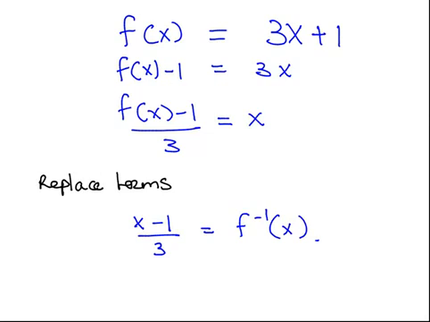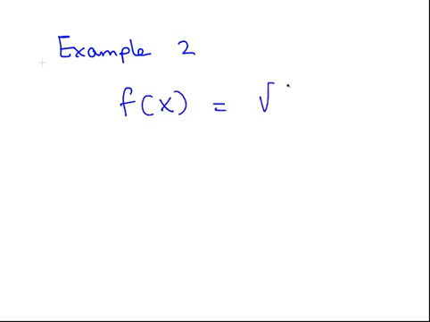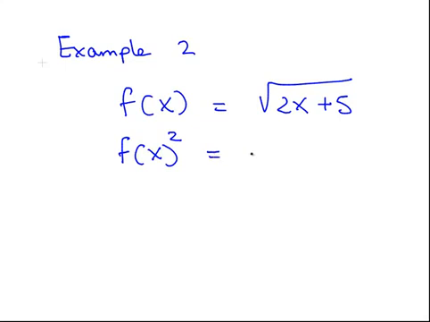Let's do another one here. Example 2. f of x equals square root of 2x plus 5. Let's square both sides. f of x squared equals 2x plus 5.